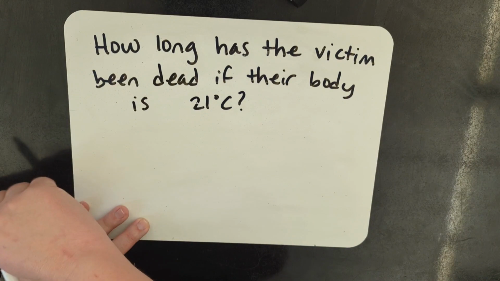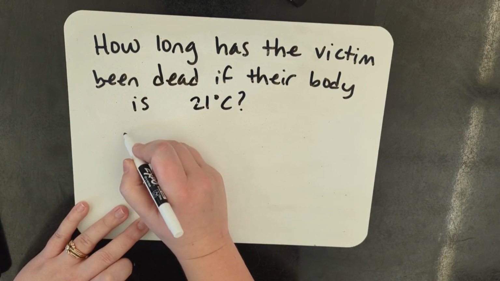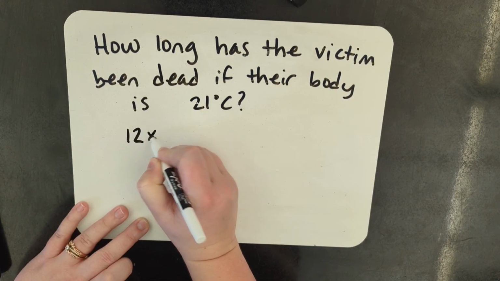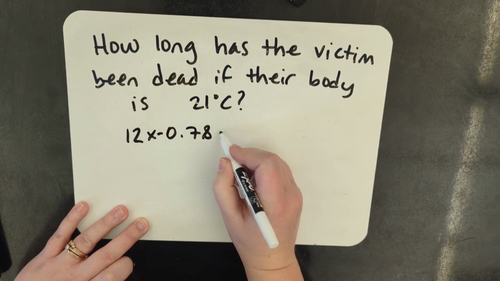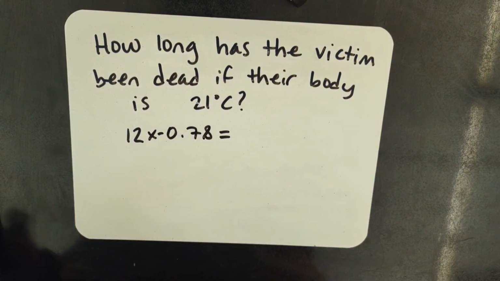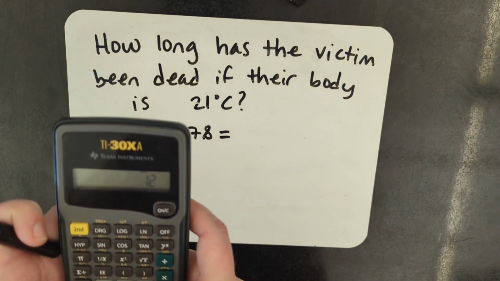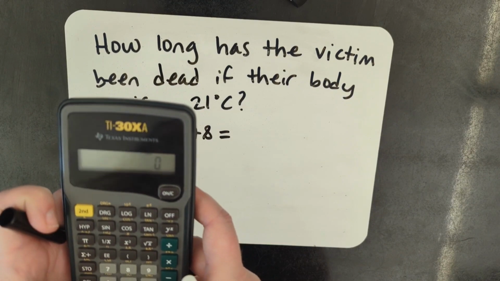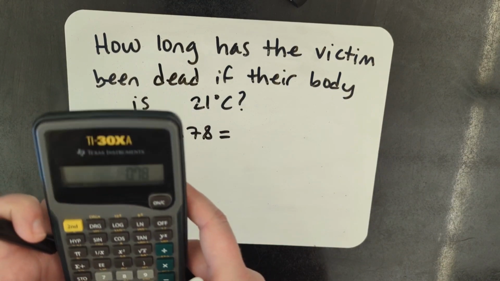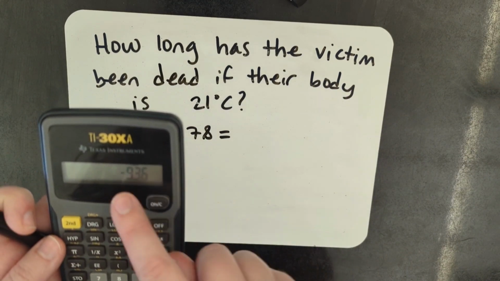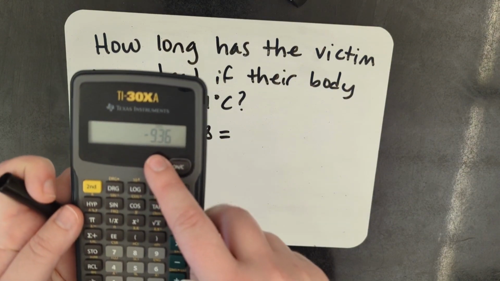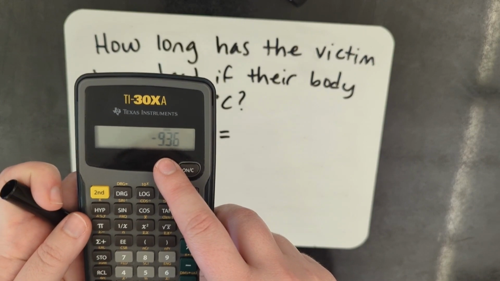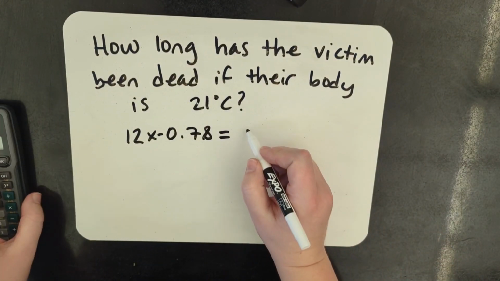A very important thing that we need to do is find out how much the body cools for 12 hours at 0.78. That's our max that we can get for the first equation. So it's 12 times 0.78, make sure it's negative. They're losing about 9.36 degrees in the first 12 hours.